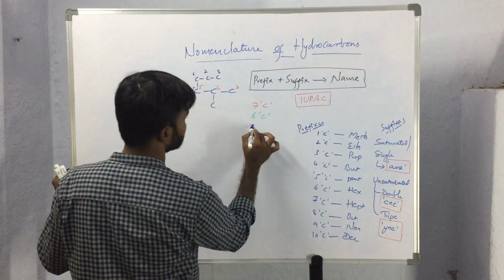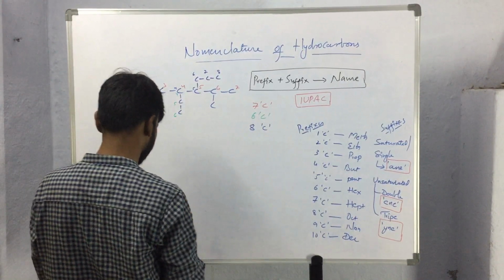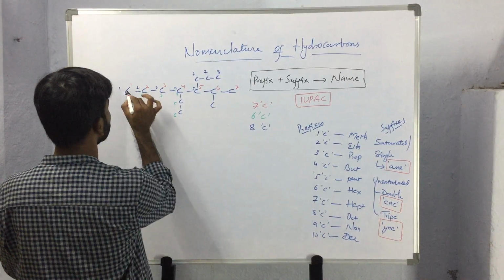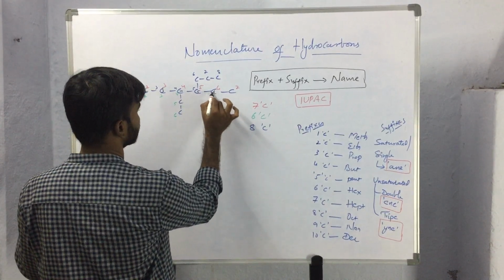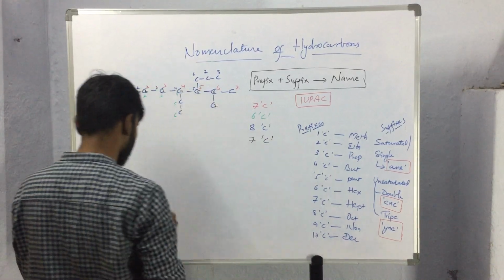Third possibility, 8 carbon atoms. Fourth possibility, 7 carbon atoms.